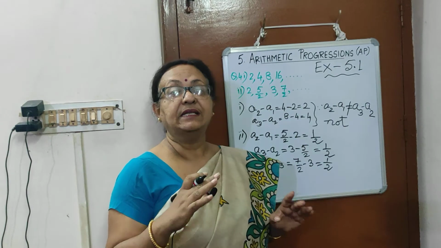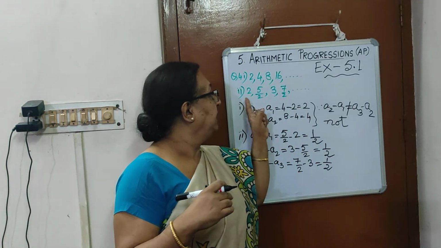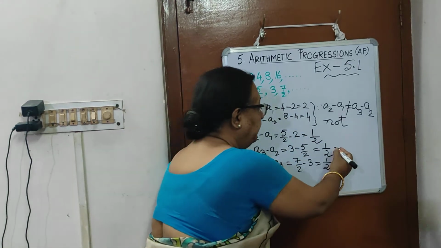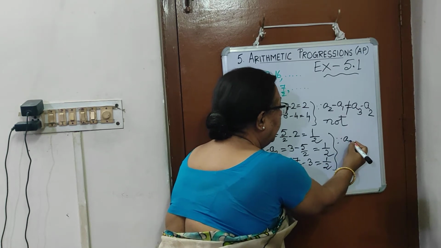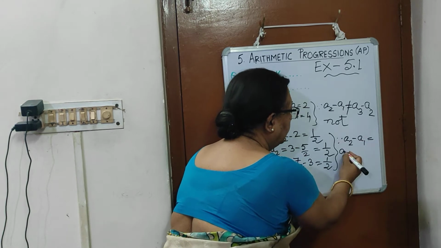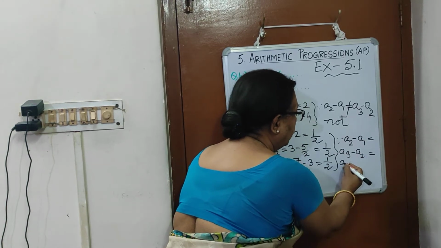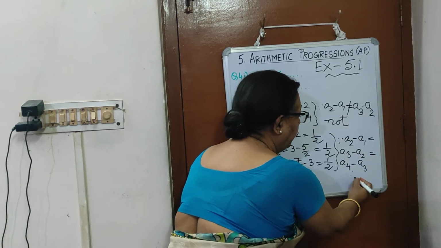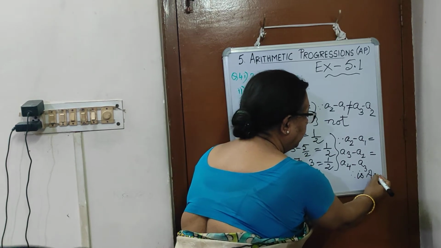So what do you find? The common difference is constant. And if the common difference is constant, the given sequence is an AP. So what do we write here? Since A2 minus A1 is equal to A3 minus A2, this is equal to A4 minus A3, therefore the given sequence is an AP.